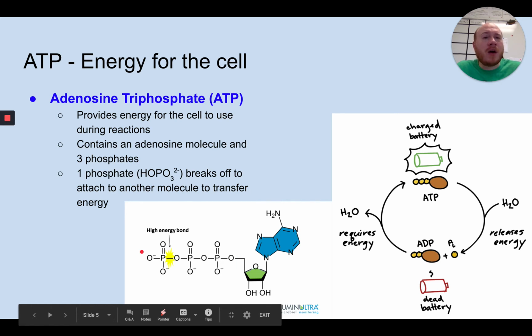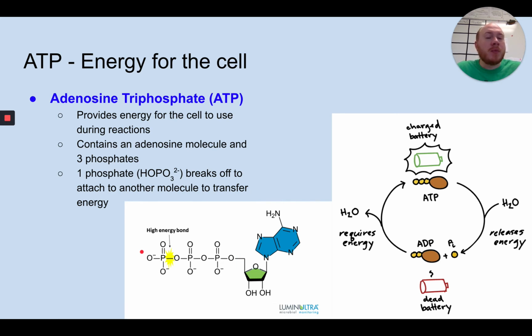When it breaks off, it doesn't actually release energy. When it breaks off, that phosphate attaches to something else, and it brings energy with it, which then transfers to the other molecule, which causes the molecule to change shape or cause a chemical reaction to take place.